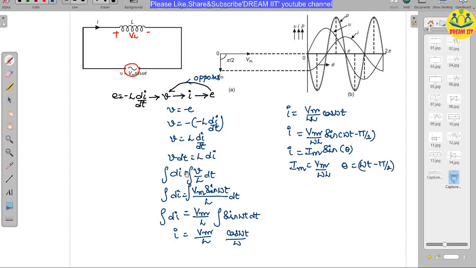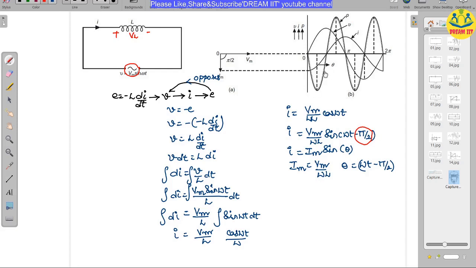So the current is Im equal to Vm by omega L into sine of omega t minus pi by 2. If you observe here, the current is lagging by how much angle? By pi by 2.